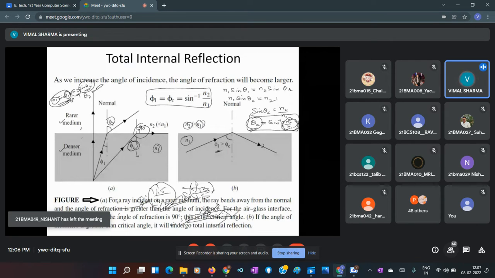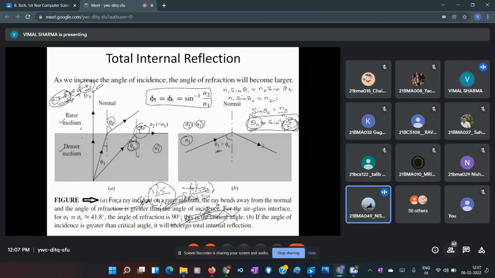Or we also say that the principle of propagation of light through optical fiber is total internal reflection. So we should understand what this is. We discussed this yesterday, that whenever light is coming, yes, I have not shared my screen.